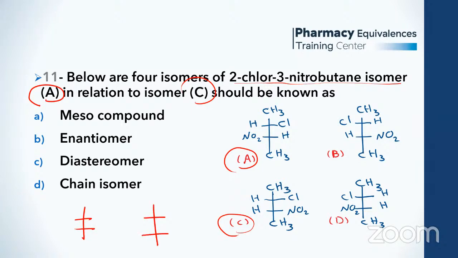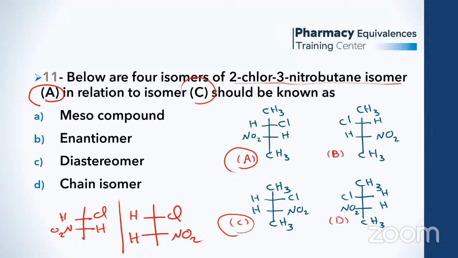Here in isomer A, we have H, here NO2, here Cl, and here H. In the other one, here we have Cl, H, here Cl, here H, and NO2.